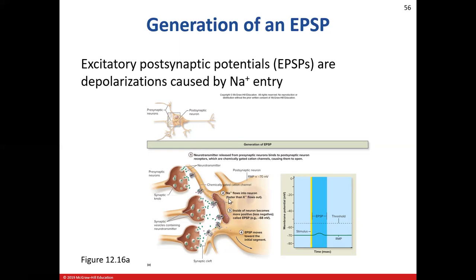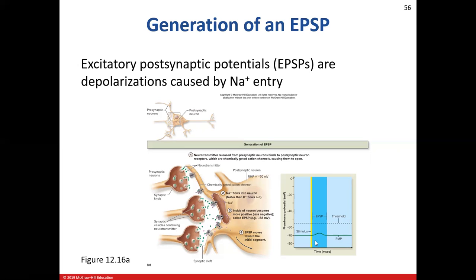So you can see the steps here. The sodium flows into the neuron, which is faster than the potassium flows out. The inside of the neuron becomes more positive, or less negative, and this is a depolarization. And then the EPSP moves towards the initial segment. Because if we generate a signal large enough, we're able to generate an action potential at the axon hillock.